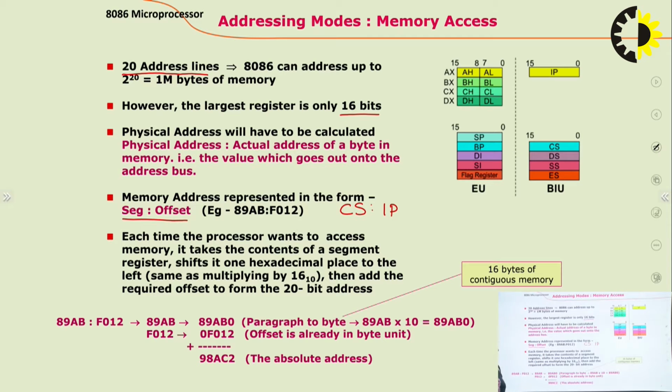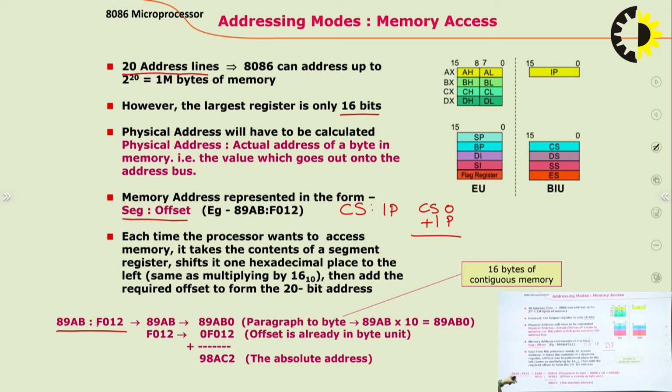It means the physical address is CS with a 0 appended, plus IP. This will give the complete 20-bit physical address. So basically the processor shifts the segment register 4 places, appends zeros, and then adds the offset value to get the 20-bit physical address. For example, we have to calculate the 20-bit physical address using 89AB, that is the segment, and F012, that is the offset.